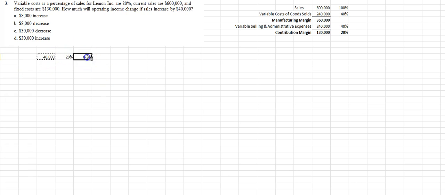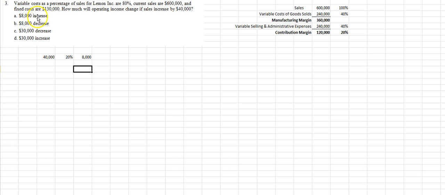Okay, so the contribution margin represents the amount of dollars that's going to go to your bottom line. First, it's going to cover fixed costs, and then it's going to contribute towards increasing your operating income. Okay, and so in this case, how much will operating income change if sales increase by 40,000?